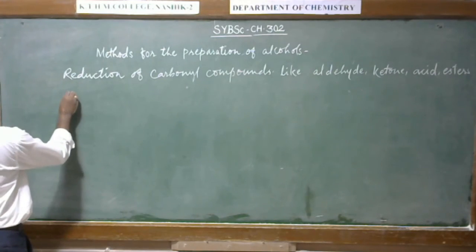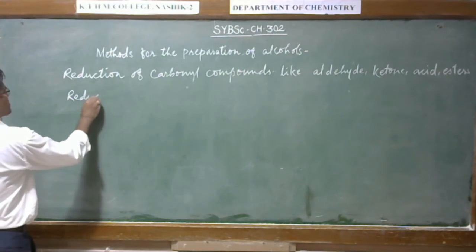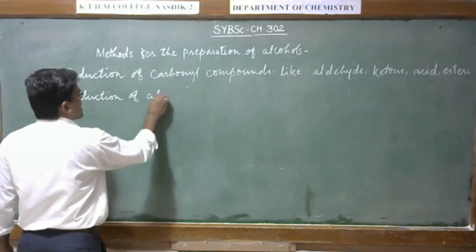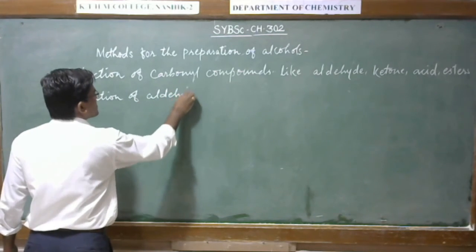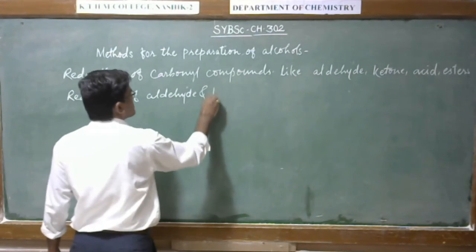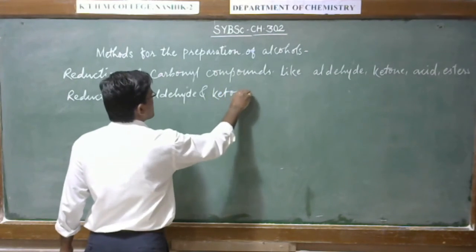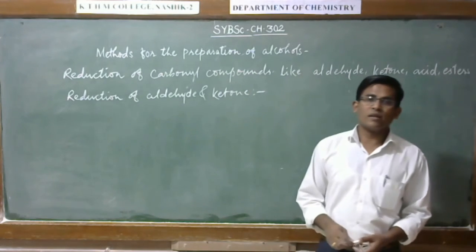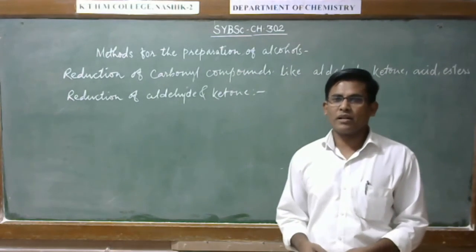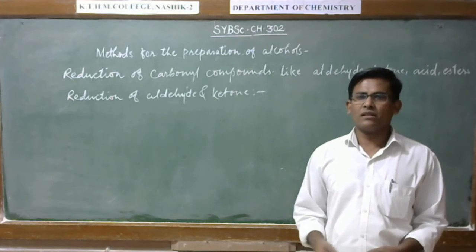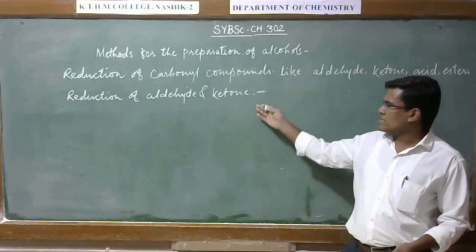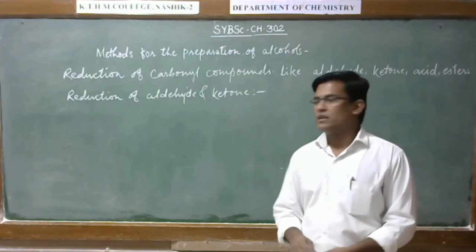Okay, the reduction of aldehyde and ketone. The reduction of aldehyde by using lithium aluminum hydride, sodium borohydride, NaHg, H2O, then H2 with nickel, will give the primary alcohol, whereas this ketone will give the secondary alcohol.